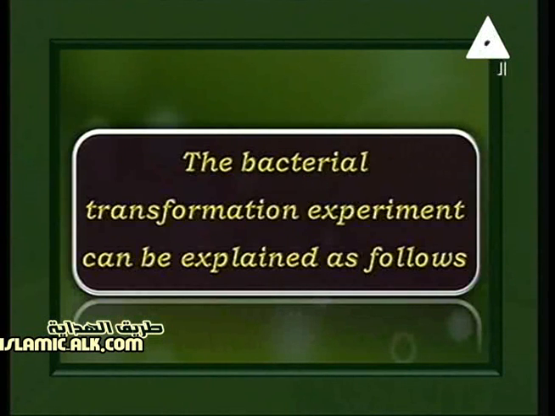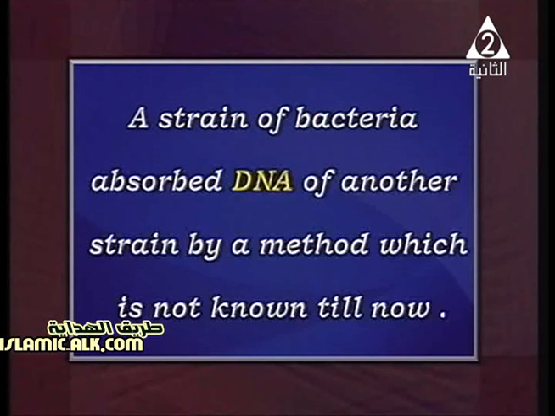The bacterial transformation experiment can be explained as follows. Number one, a strain of bacteria absorbed an amount of DNA of another strain by a method that is still unknown till now. So this strain of bacteria has the ability to absorb genetic material, DNA, from another type by an unknown method.